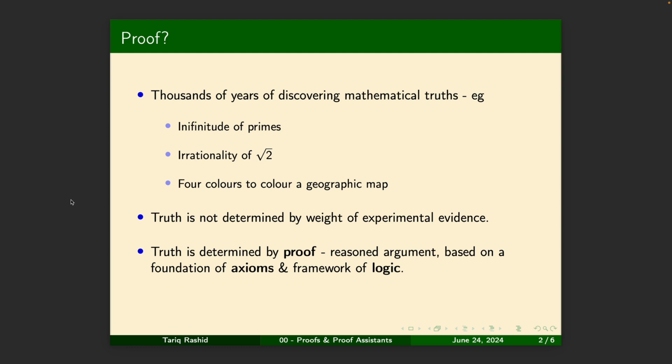That's perfectly valid and normal in science, but it's not actually valid in mathematics. There may be lots of evidence for an idea, a proposal, a conjecture in mathematics, but there might just be one counterexample, which means that it isn't always true. So in mathematics we don't do it that way. We have to have a rigorous, solid, watertight, airtight process for determining if something is true.